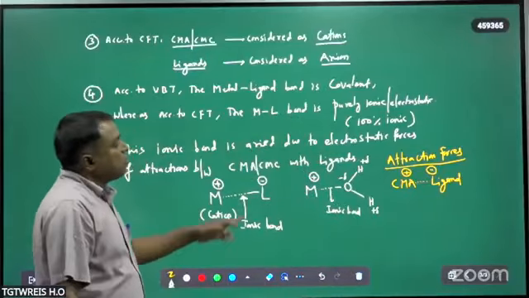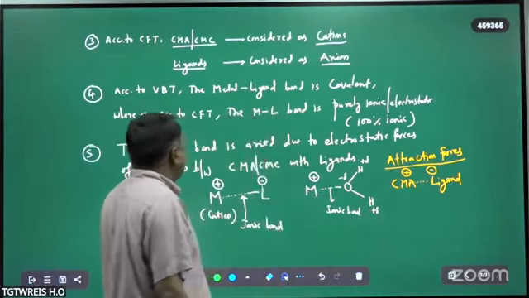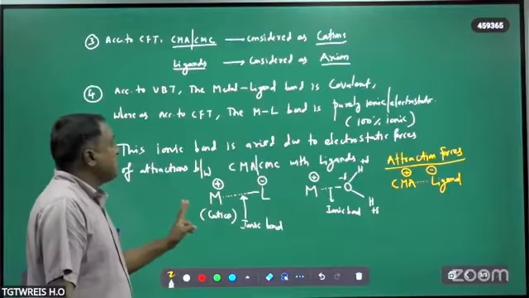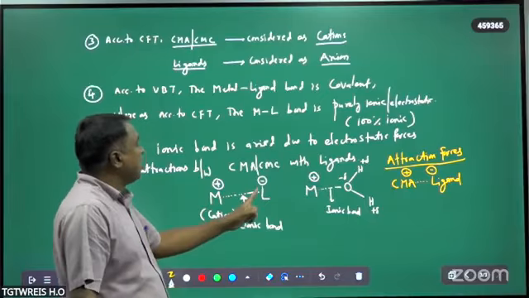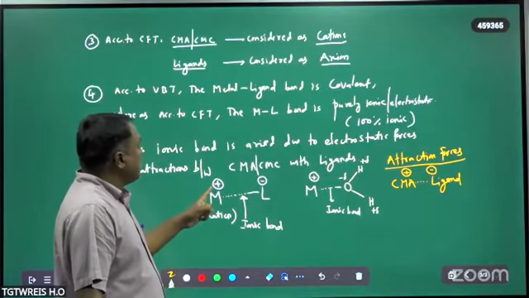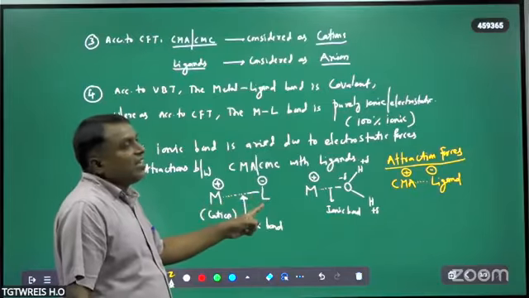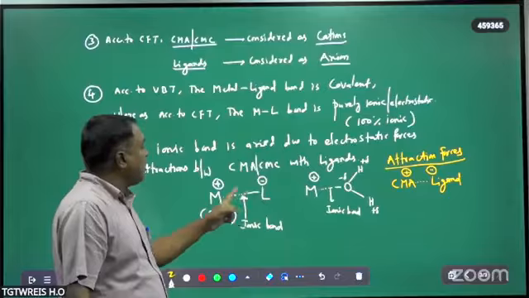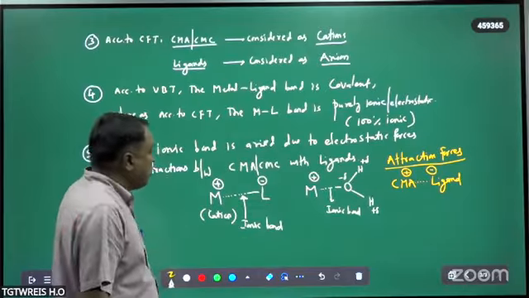Due to attraction force, we get the ionic bond. So this is the one force of attraction between the central metal atom and ligand. The central metal atom is the cation, the ligand is the anion. So the ionic bond is developed between the positive charge of the metal and the negative charge of the ligand. Okay, so this is the ionic bond.